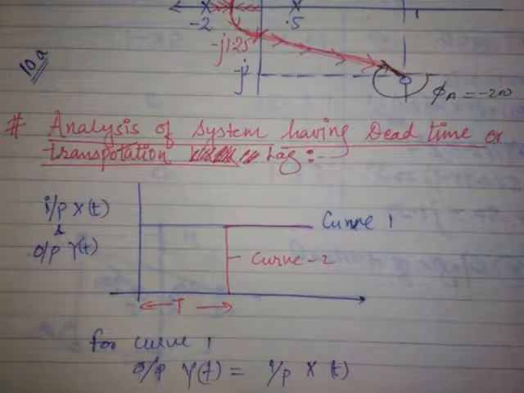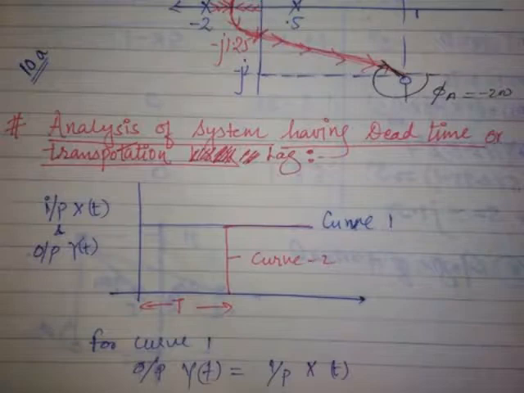Now listen here. With respect to time, we are taking input x of t and output y of t. This is the input we are giving to a system.